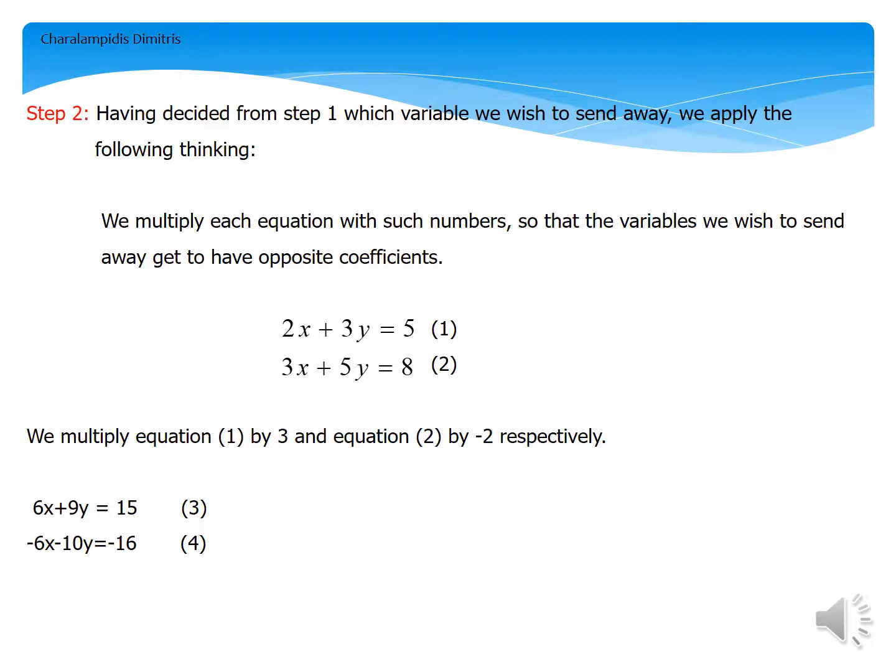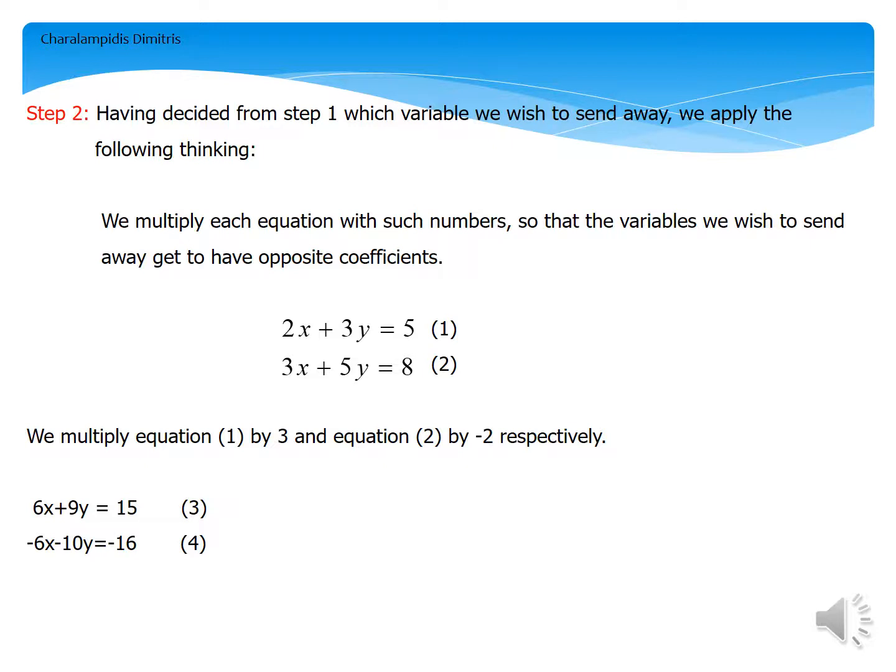Then we will return to the second equation, and this time we will multiply it by the coefficient of the first equation in the x variable. So we decide that maybe we could multiply the second equation by 2. But if we actually multiply the second equation by 2, this will give us 6x.